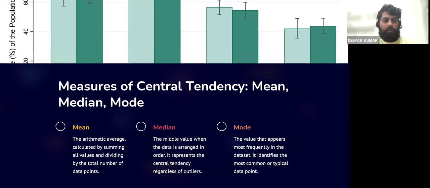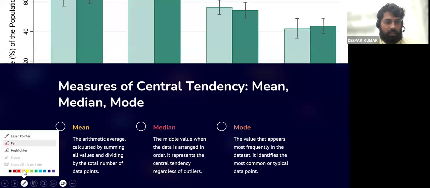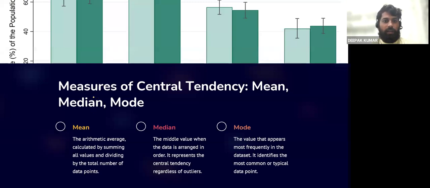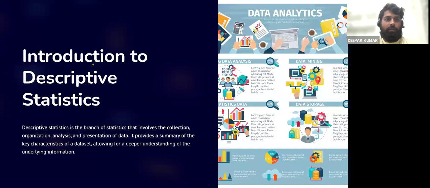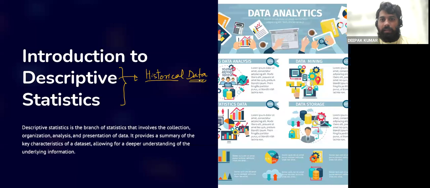Thank you. So let me recapitulate what we had covered till date, and then we will move ahead. We started with an introduction to descriptive statistics. It deals with what can be taken from the historical data. Historical data means what has already happened in the past.